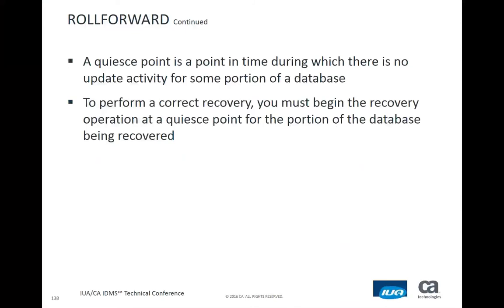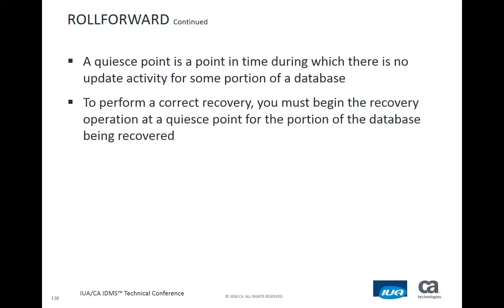So, as we go forward with roll forward, you're going to want to do the recovery from some type of a Quiesce point. A Quiesce point is a point in time in which there is no update activity for some portion of a database.